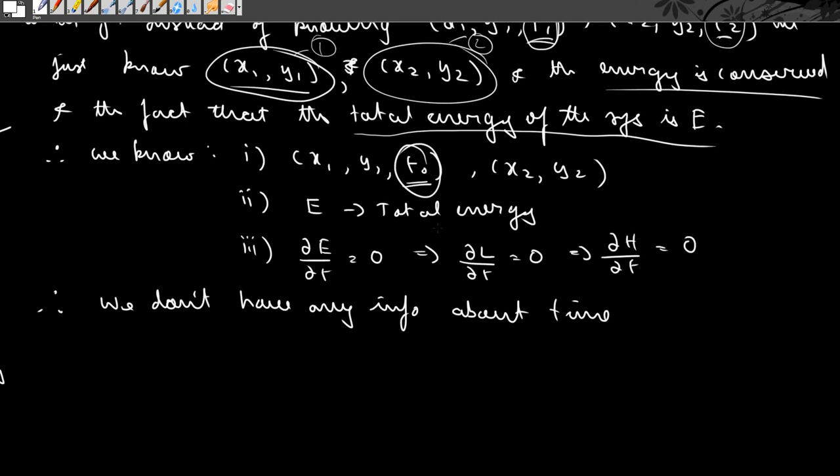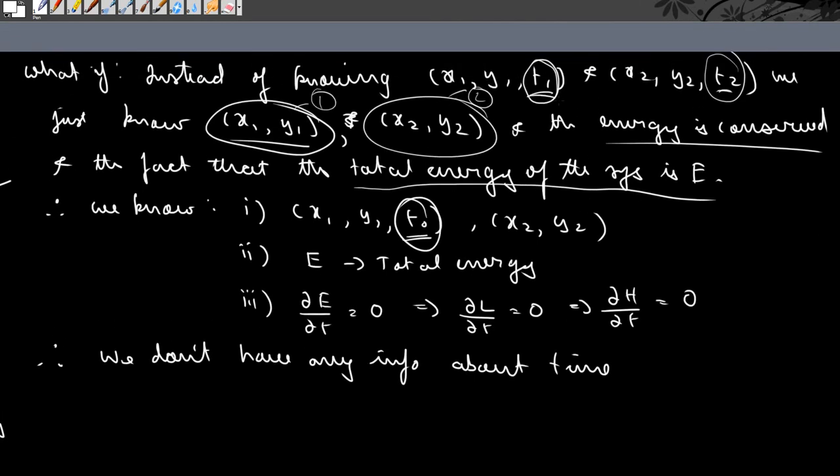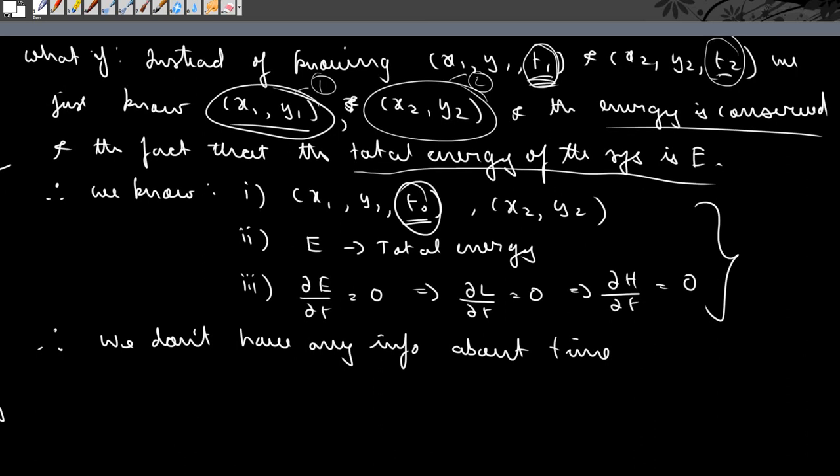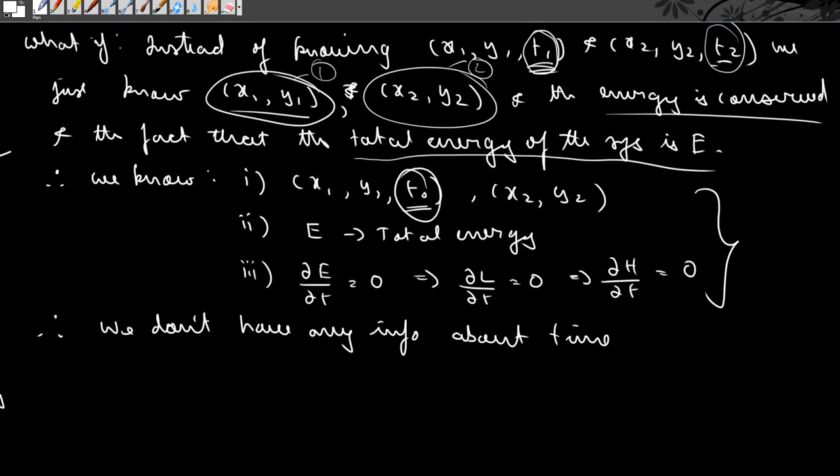We don't know what the value of t0 is, but we can choose it as some reference, our choice, because what matters is the difference of the time taken by the system to reach point 2 from when it started. So if we know only this much, so instead of knowing t1 and t2, we know these three facts, can we still find the path which is taken by the system?